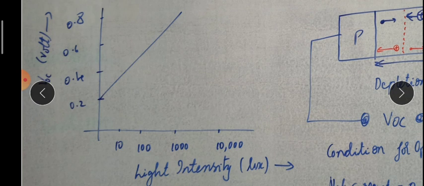After that, we can observe that the growth in the voltage produced due to the solar radiation is linearly proportional to the light intensity incident on the solar cell.